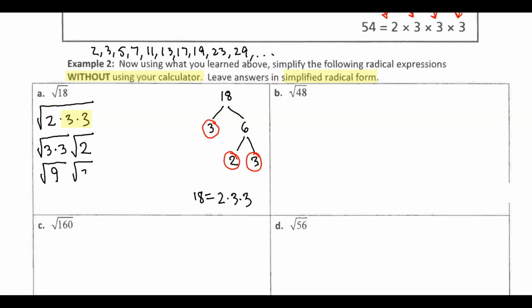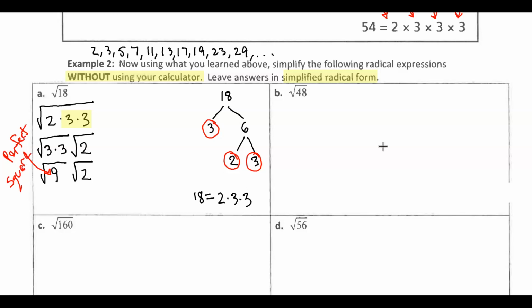Alright? So now, since I paired that up, I have the square root of 9 and the square root of 2. Okay, and we know 9 is a perfect square. Let's write that down. Perfect square.